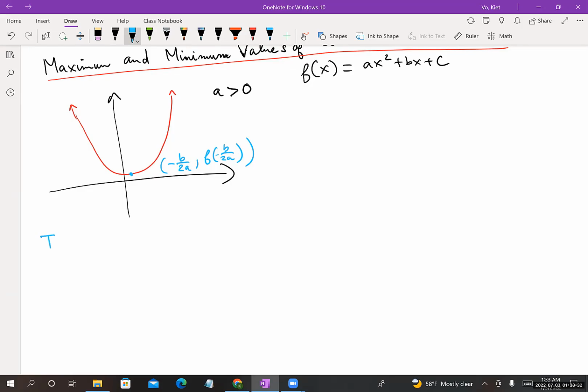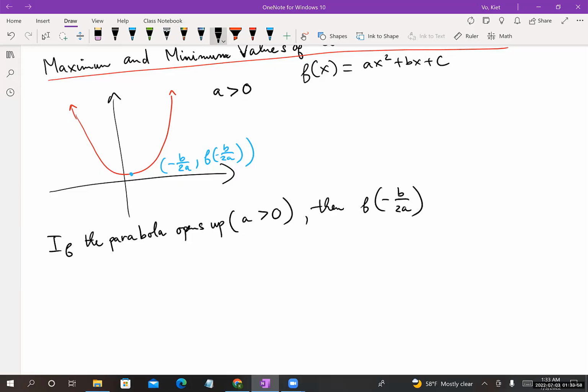So we're going to say that if the parabola opens up, which means that a is greater than 0, then f of negative b over 2a is the minimum value, which is the lowest point, because the lowest point on a parabola that opens up happens at the vertex.